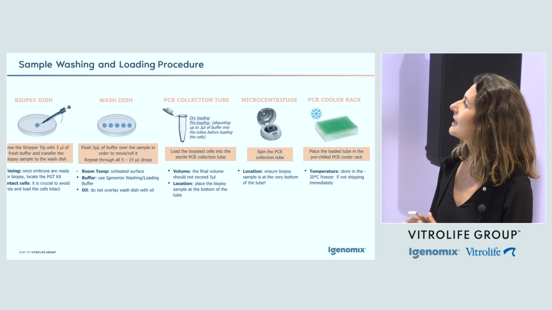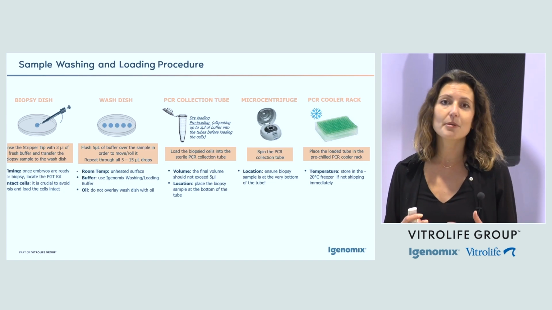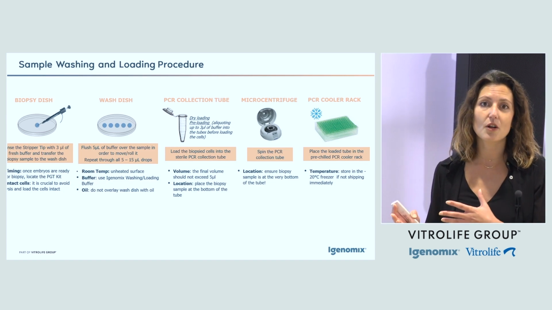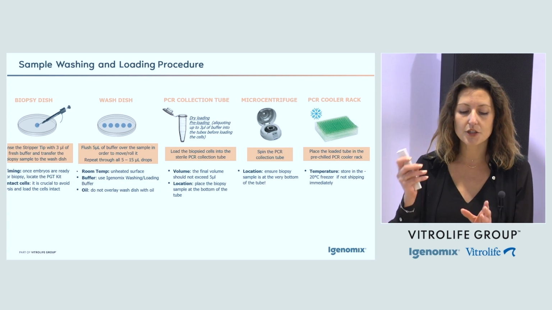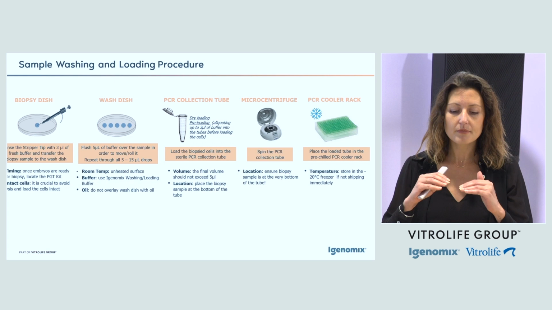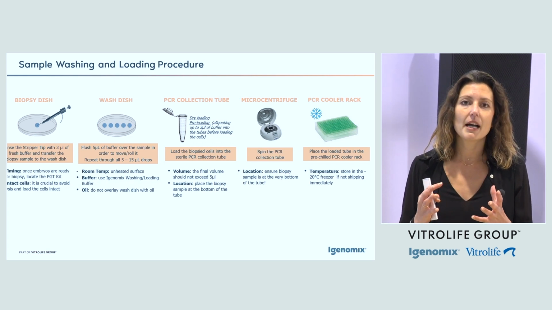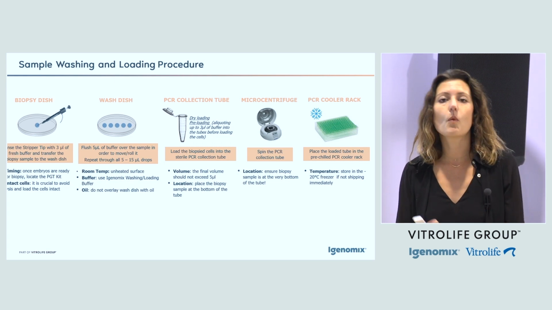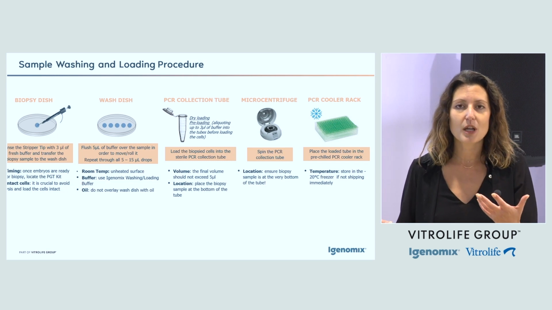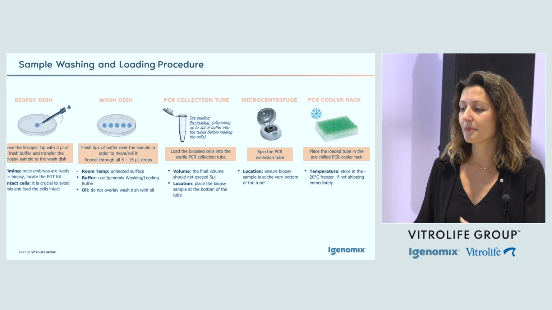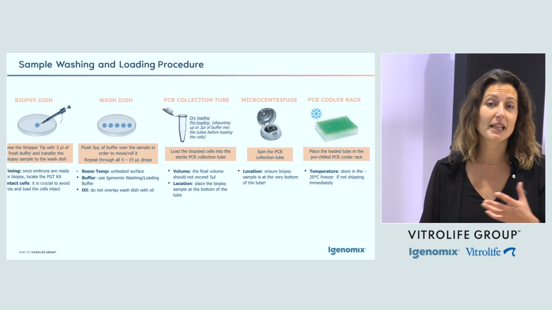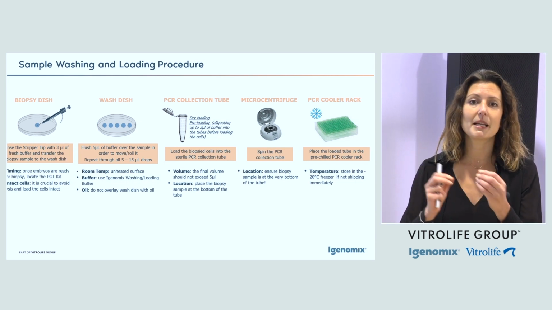And then lastly, you have to freeze the samples before shipping them to Igenomix. This is also related to the location of the sample, because let's say that you did put the samples at the bottom of the tube, but the sample was not frozen. Once we receive it, take into account that it's going to be moved. It's going to be in a box that is well protected, but at the same time, people are handling and moving the box around, so the cells might be misplaced.